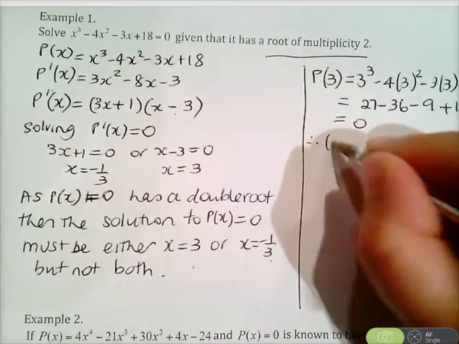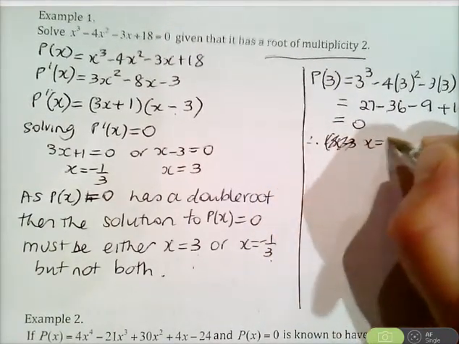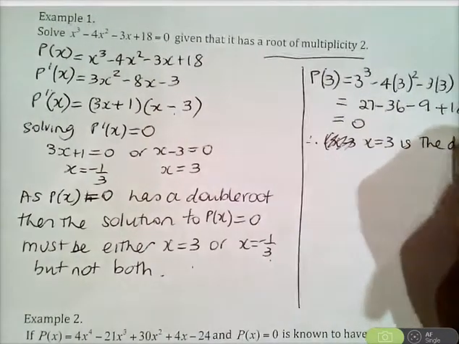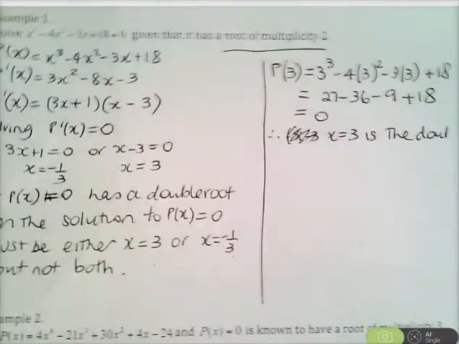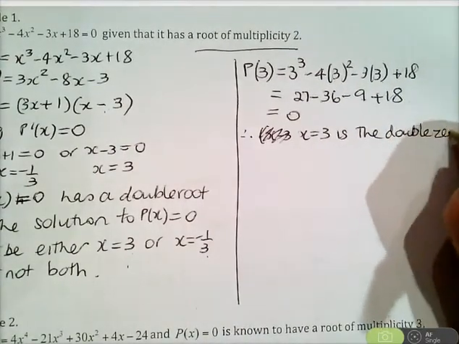So therefore it appears that x equals 3 is the double zero. So therefore x minus 3 is the double zero.